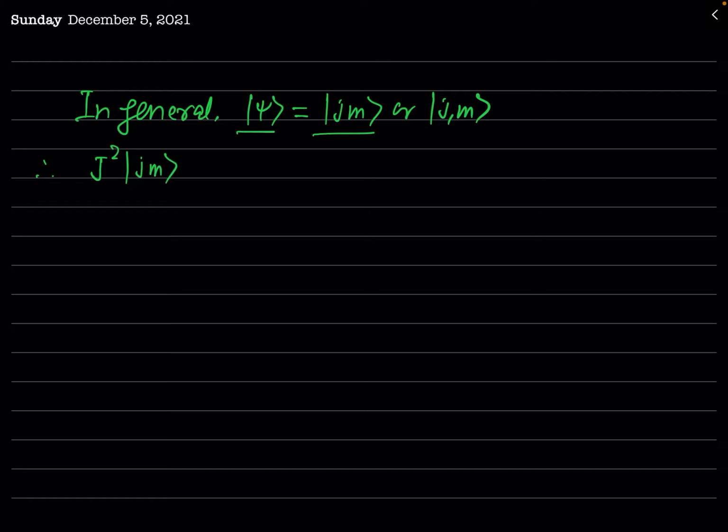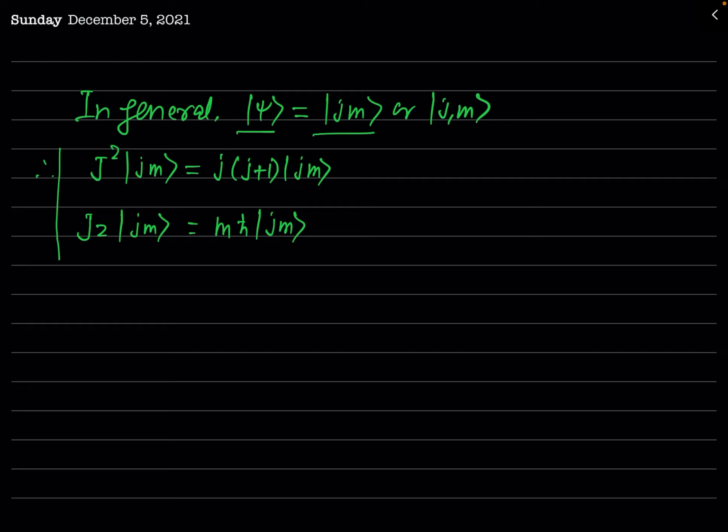Without comma we will write it, and this is equal to j times j plus 1 ket jm, and Jz ket jm is equal to m h bar ket jm.